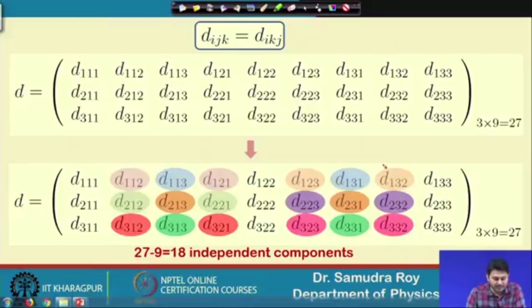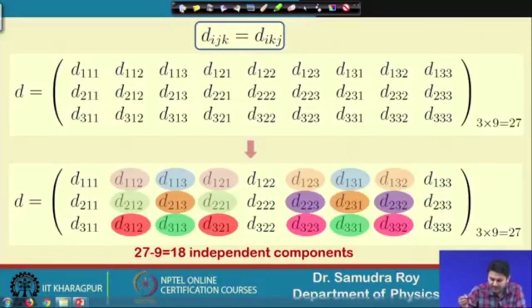So, we can reduce these 18 components to 9 components, and the other 9 components are already there. So, 9 plus 9, we will have 18 components. We reduce from 27 to 18, that is, we reduce 9 components by using this permutation symmetry.